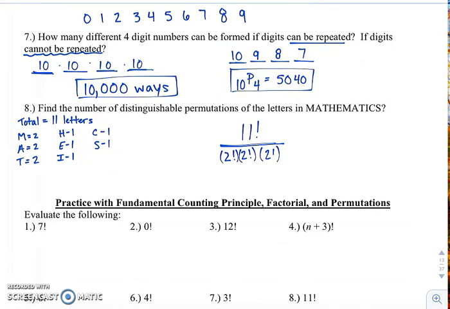So we're dividing the number of arrangements for all the letters in the word mathematics by the number of times each one occurs. Again, you could write the H and the I, the C and the S, but if it's just one, it doesn't really matter. You just have to be careful when you type this in.